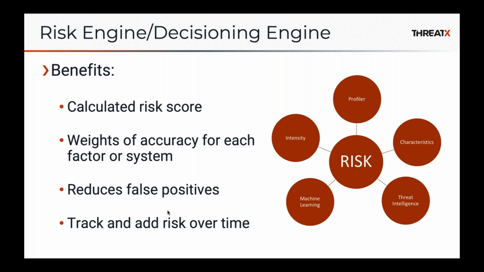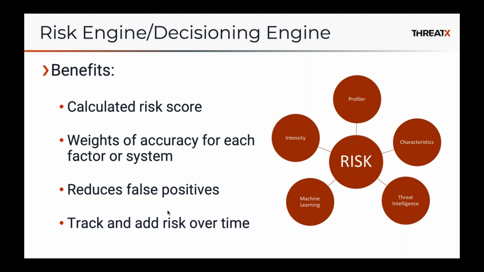So this risk engine is basically a decision engine that creates an aggregated risk score, again based on different perspectives. Not just the application perspective, not just the entity perspective, but we're using different techniques like machine learning, heuristics, fuzzy logic, and threat intelligence that we're pulling into the system.